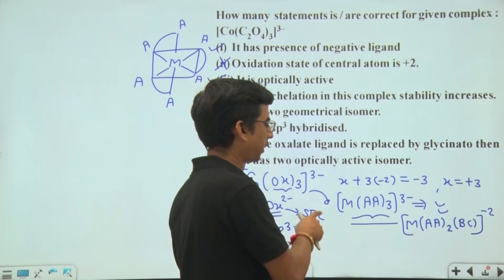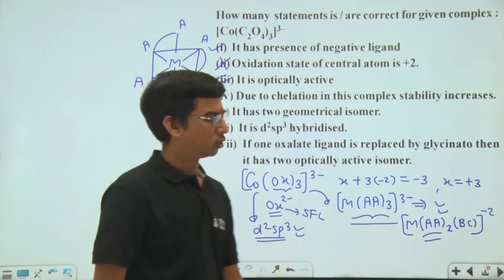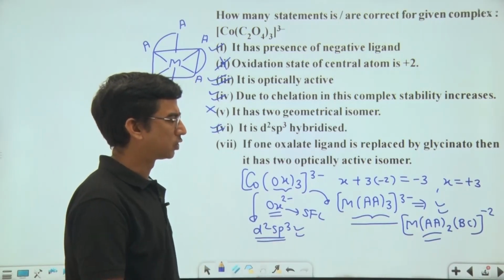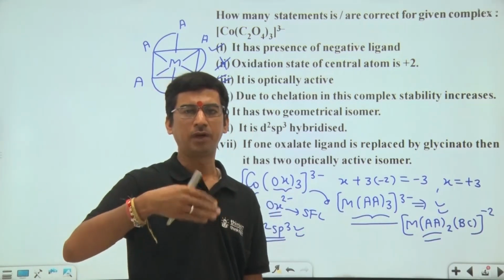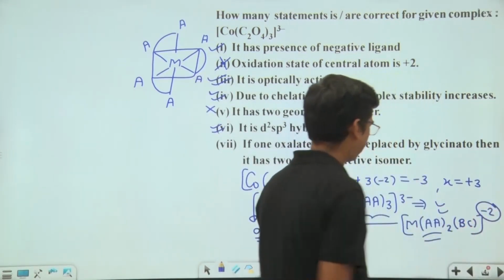And oxalate is symmetrical bidentate, so we write it like AA. Overall charge will be minus 2, but this charge does not affect the geometrical or optical isomerism, so we do not have to look at this charge.